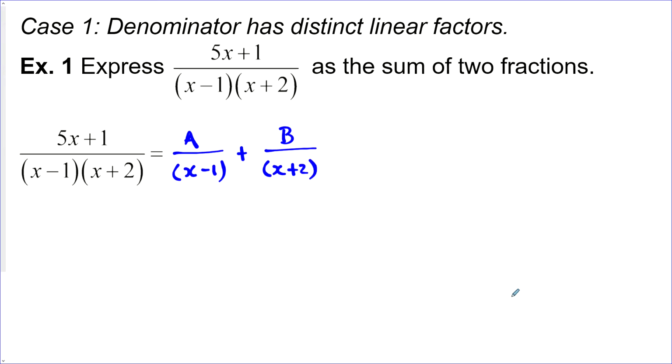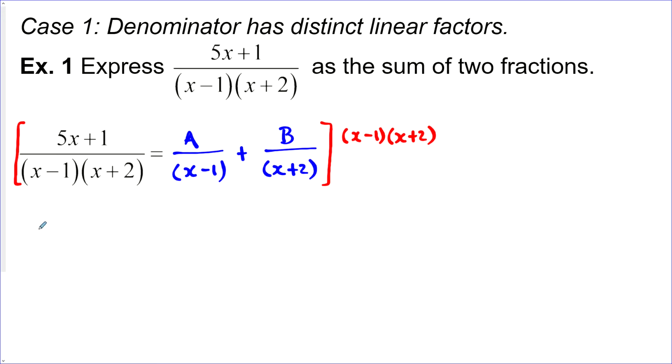We're going to take this whole equation and we're going to get rid of the denominator by multiplying by x minus 1 and x plus 2. So we'll just write that here. We're multiplying the entire equation by these two factors. That will get rid of the denominator completely.